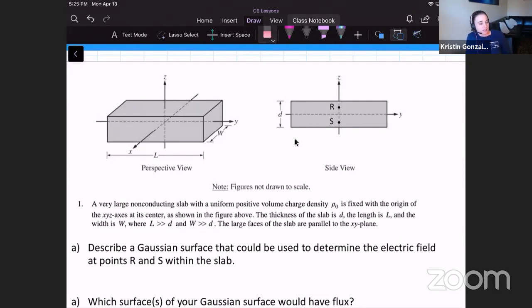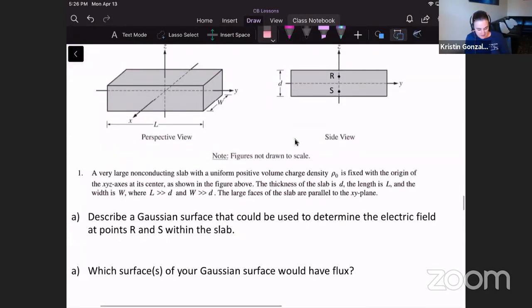So I want you to tell me these two things. You're going to write down what Gaussian surface you could use to determine the electric field at points R and S within the slab. So this is our side view here, and we can see that we have point R and point S within that slab.